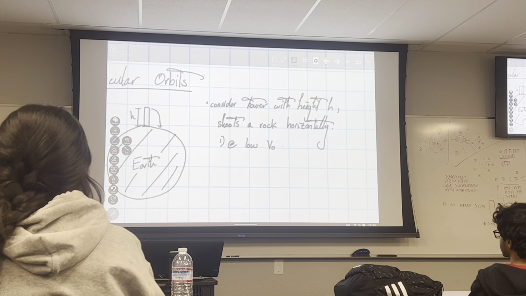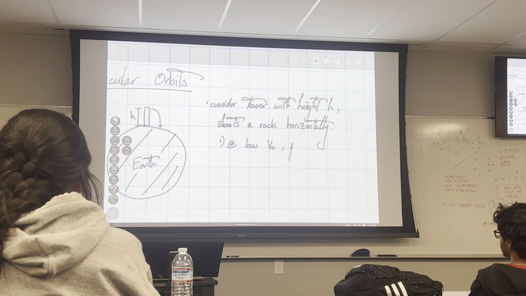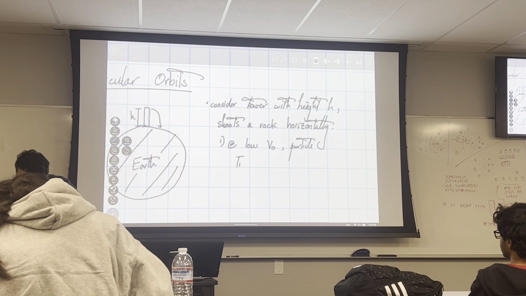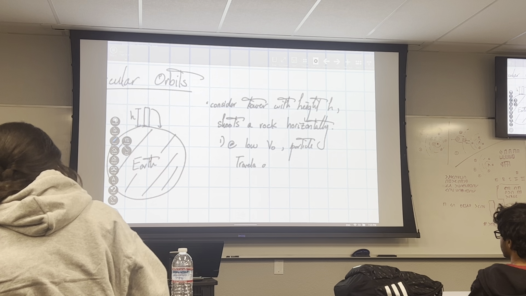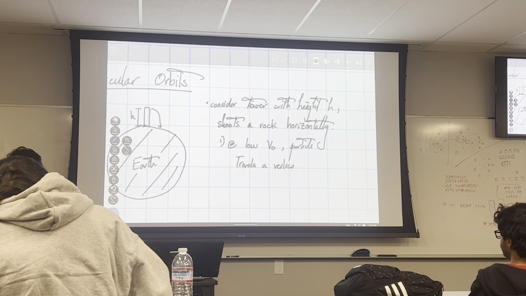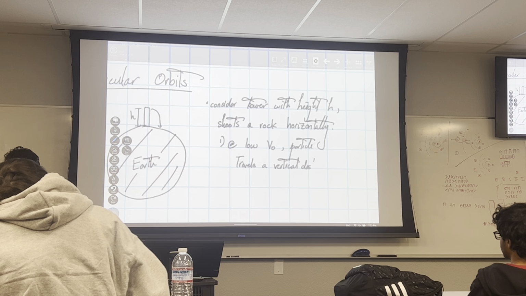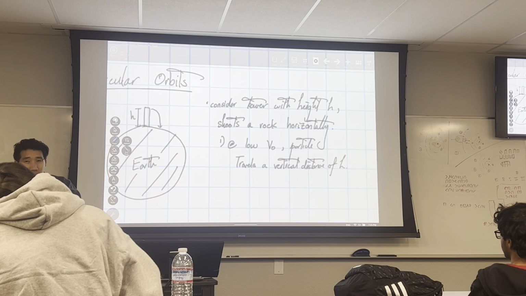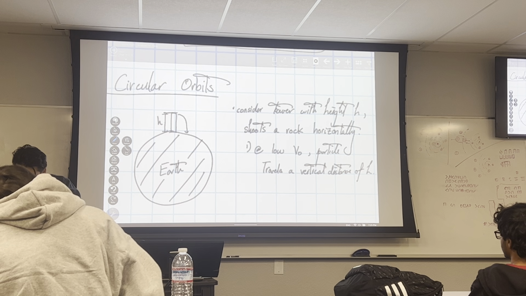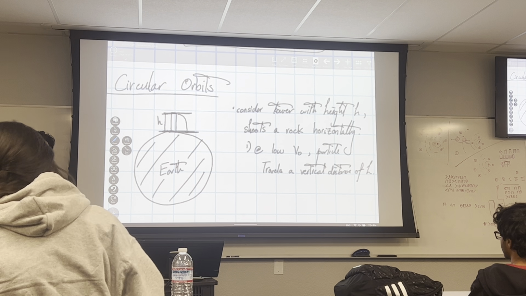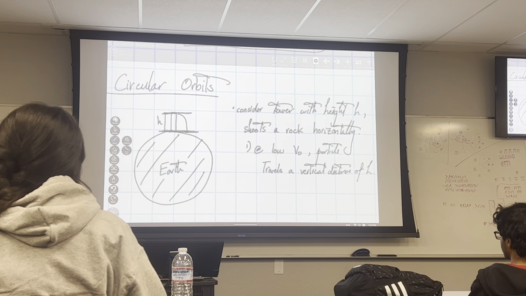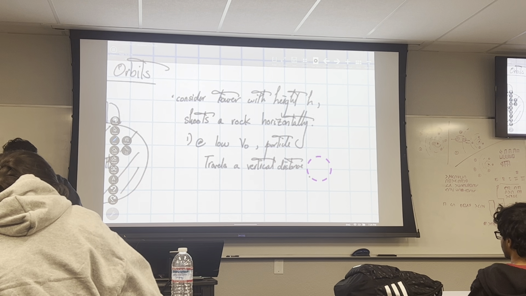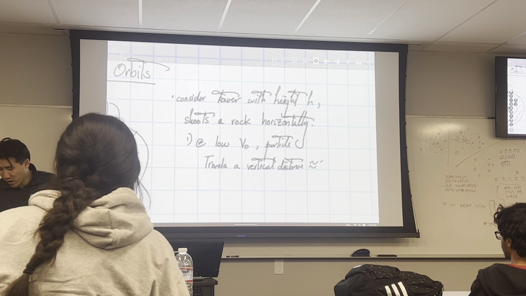Here, the particle travels a vertical distance of h, meaning from here to here, it traveled roughly h.